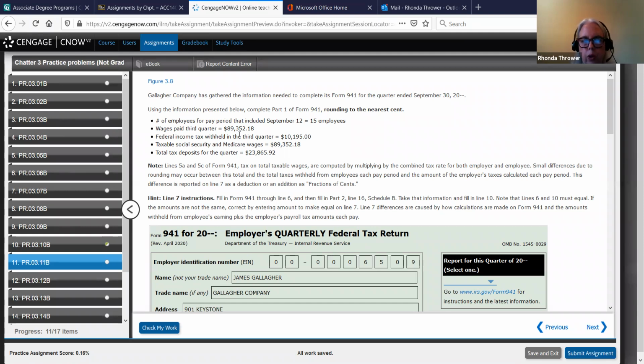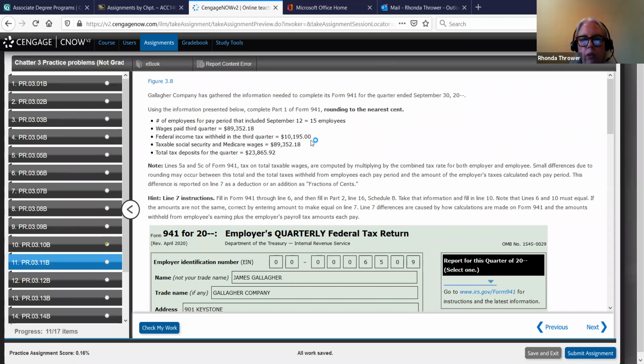That would come from our payroll register, which is really what we were doing in the problems that we just completed in Excel. We were completing part of the payroll register to show what taxes were withheld. In this case, they just told you what the total wages were.